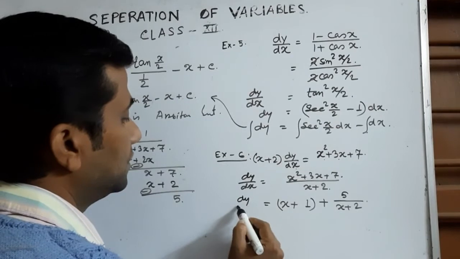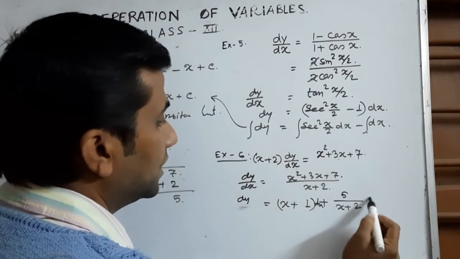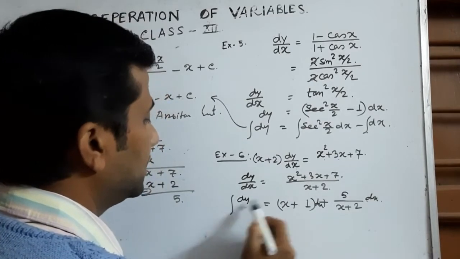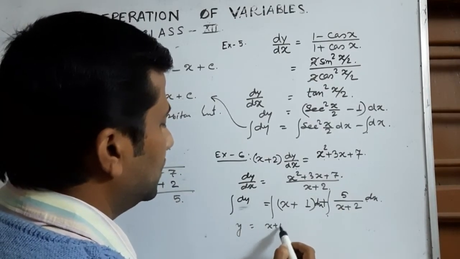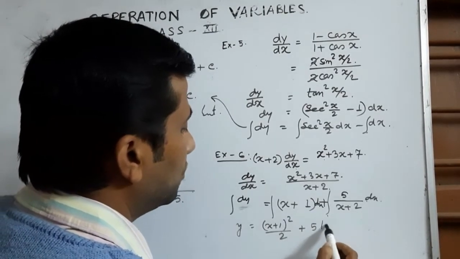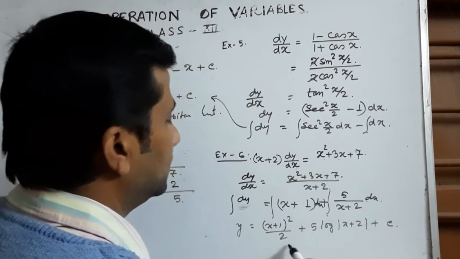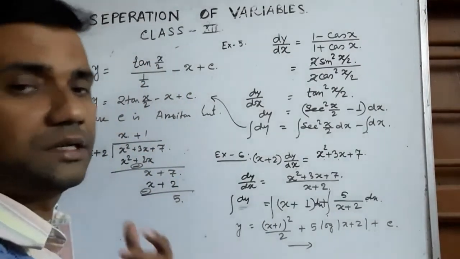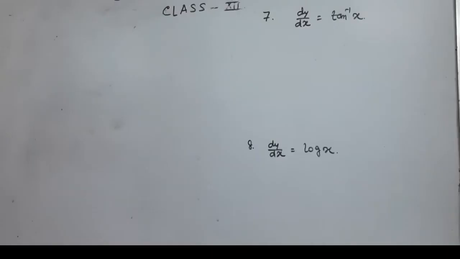Then dy = (x plus 1) dx plus 5 by (x plus 2) dx. Integrating we get y = (x plus 1) whole square by 2 plus 5 log (x plus 2) plus c, where c is an arbitrary constant. This is your solution.